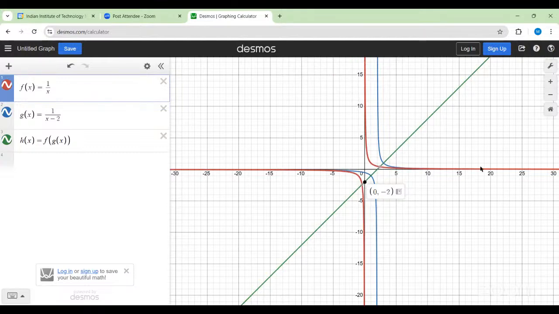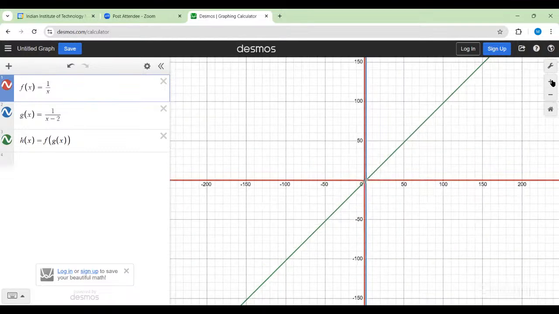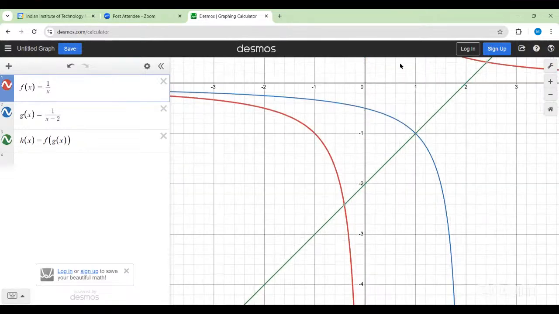It will never meet the y-axis; it kind of reaches toward infinity. But even at infinity it will not reach, madam. It won't reach. There will be a very little gap between the y-axis and the graph. So that is why it's an asymptote, no, madam? It will never touch the y-axis. Correct. It will never touch the y-axis.